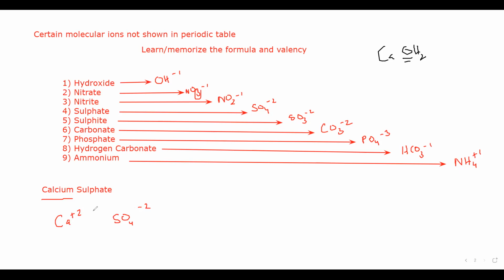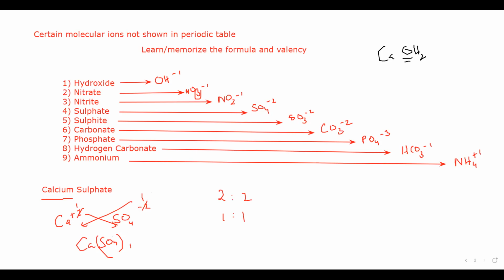The second step is to simplify the valency, because it's 2 and 2, which can be simplified as 1 and 1. So this will be 1 and this is also 1, and we just cross multiply. So this will be CaSO4 with bracket 1. But bracket 1, we don't have to specify. I told you when it is 1, it is obvious.